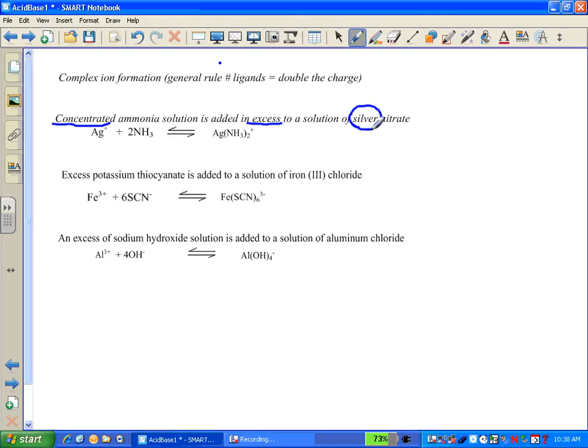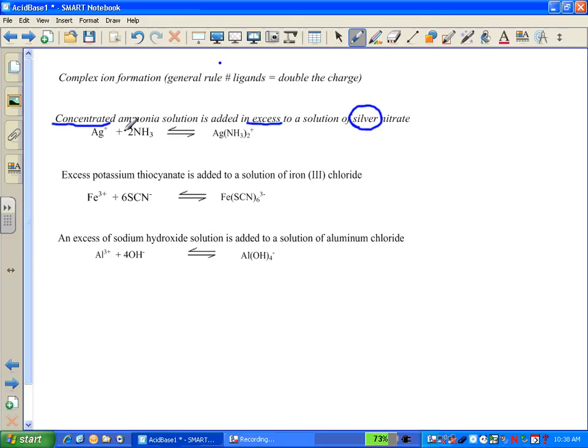So here we've got silver nitrate. Silver's common ion is Ag+. Its only ion is Ag+, and we're reacting it with the ammonia, so it's important that you know the formula for ammonia is NH3. Now, as a general rule, we've said this before, the number of ligands that will attach is double the charge.